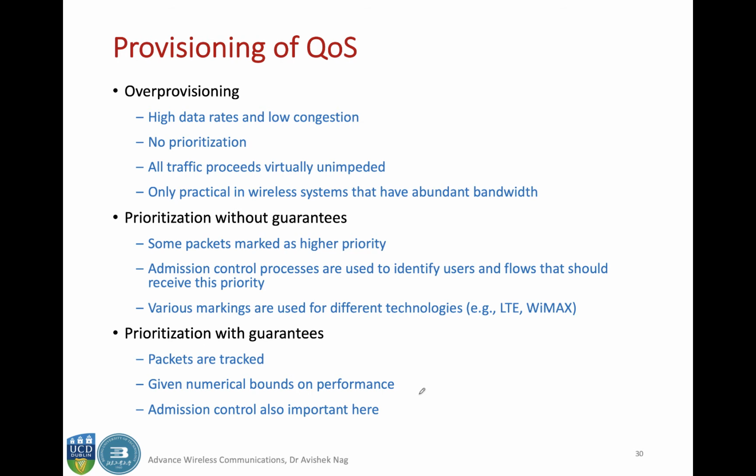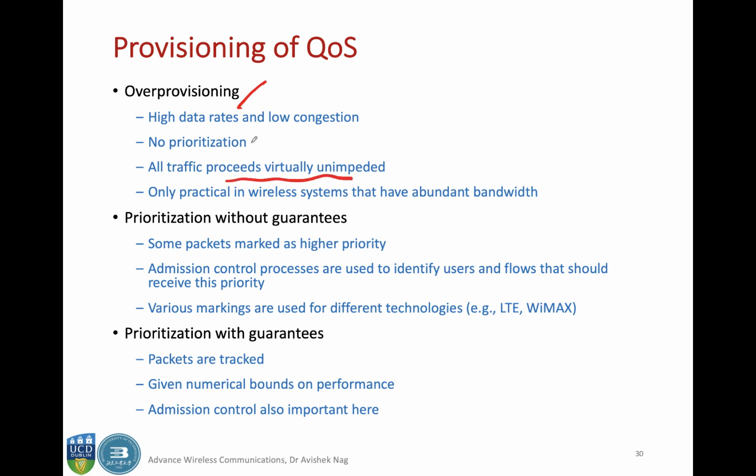So the idea is how to provision quality of service for your communication network. When you are designing a network, this is the main thing that you need to guarantee. There can be different ways of provisioning quality of service. The first approach is over provisioning, where you ensure that there are high data rates and low congestion throughout, and all traffic proceeds virtually unimpeded, okay?